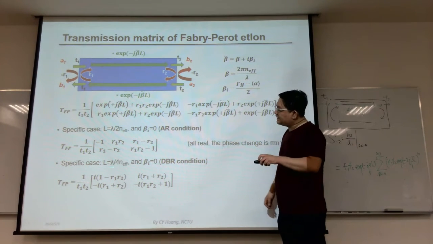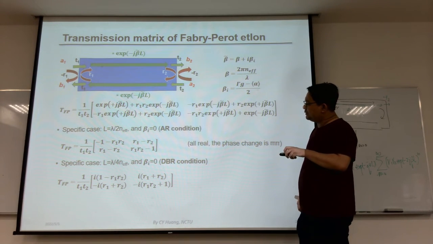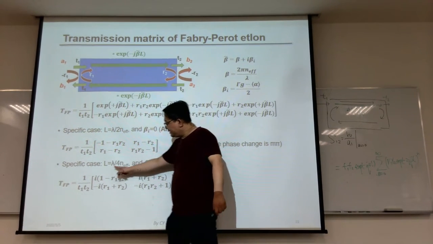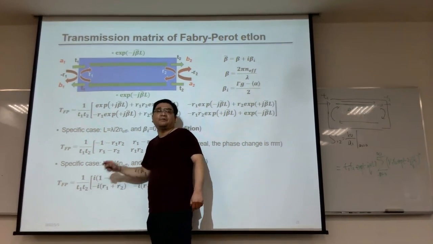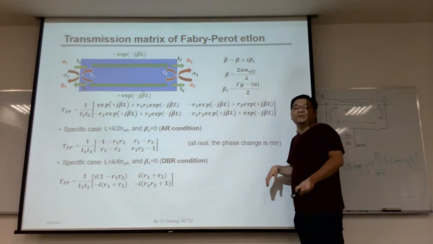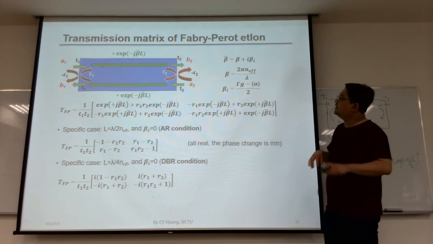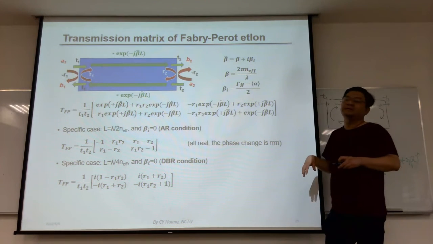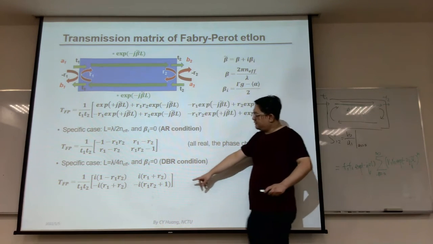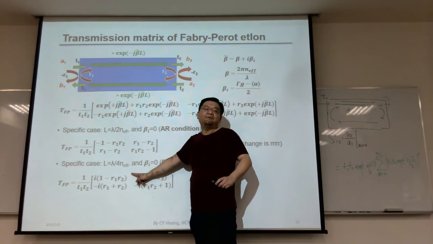In the other special case, where the beta is 0, it gives you an i everywhere, so you have a half-pi phase delay. The implication will be stronger in the next lecture when we discuss the DBR, and why we need a phase delay for lambda over 2 designs.